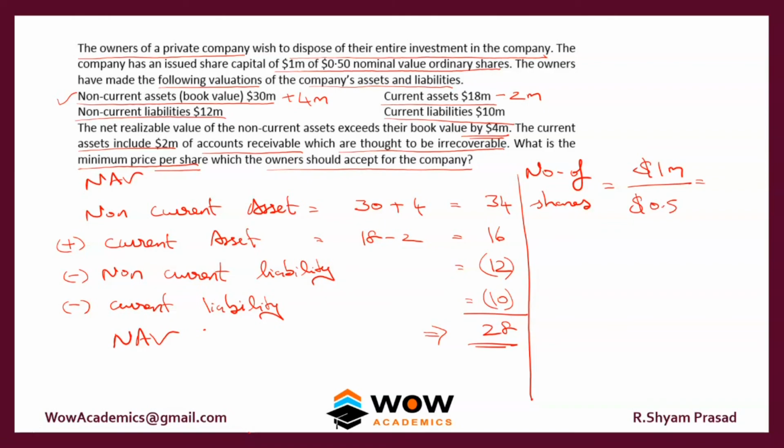That means the company has 2 million shares. Now we'll find the NAV per share. The NAV per share will be 28 million divided by 2 million shares, so that gives us 14 per share worth of NAV. That is about this sum.